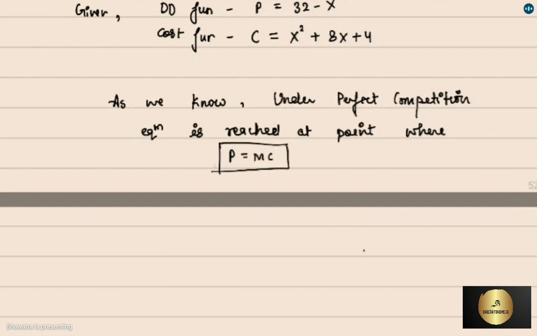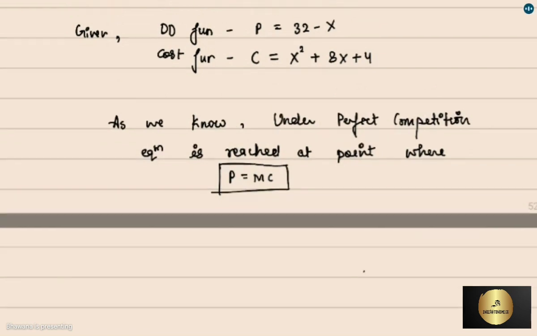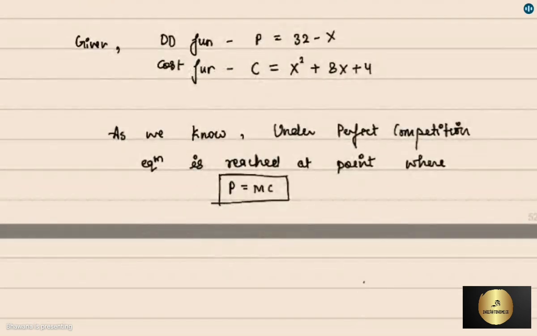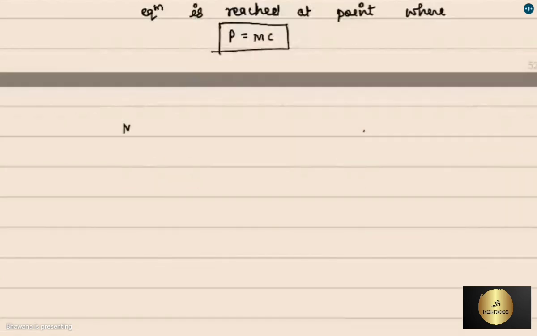This is the scenario for perfect competition equilibrium. We had the price function, but we didn't have the marginal cost function, and as we know, marginal cost represents the slope of the total cost curve. So we can write it like this.